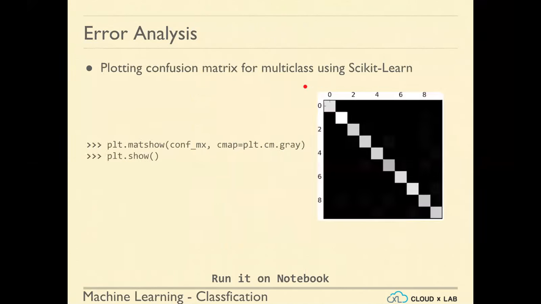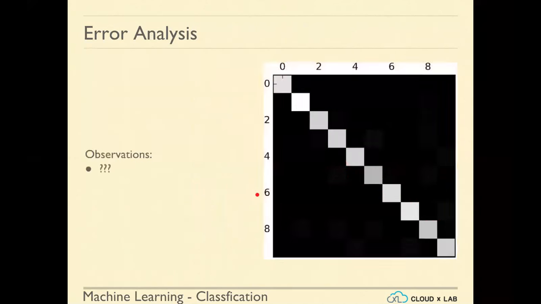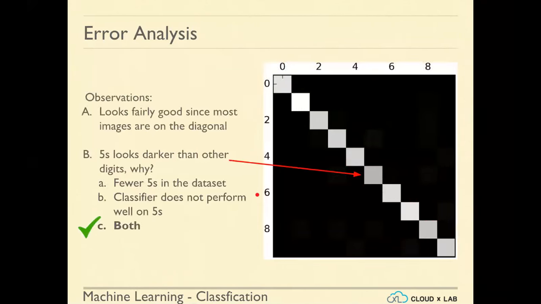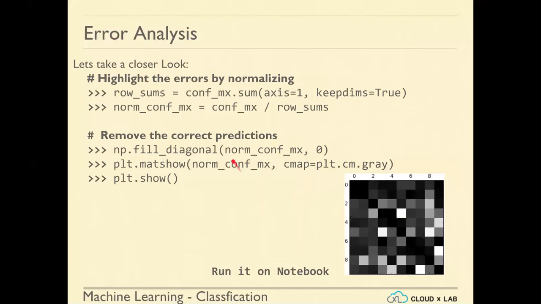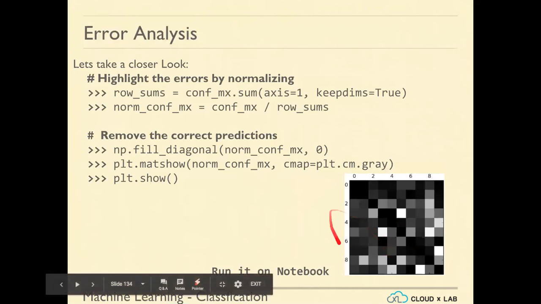Then when we plotted it, the whole diagonal was bright enough, and some parts were a little darker. Then we removed the diagonal, as in we removed the true positives, and compared where the errors are, by standardizing the values, meaning averaging out their values and plotting them relatively.